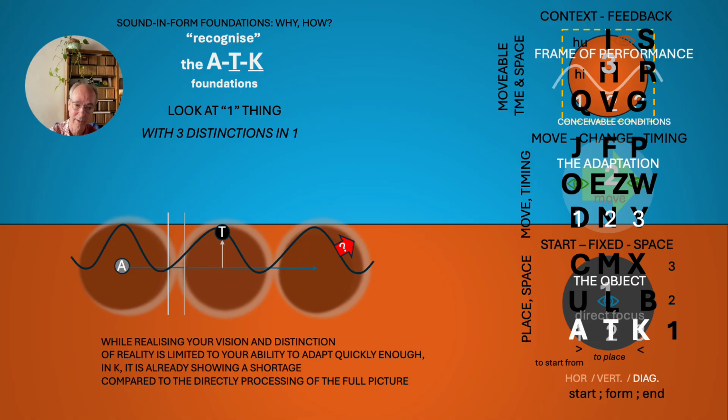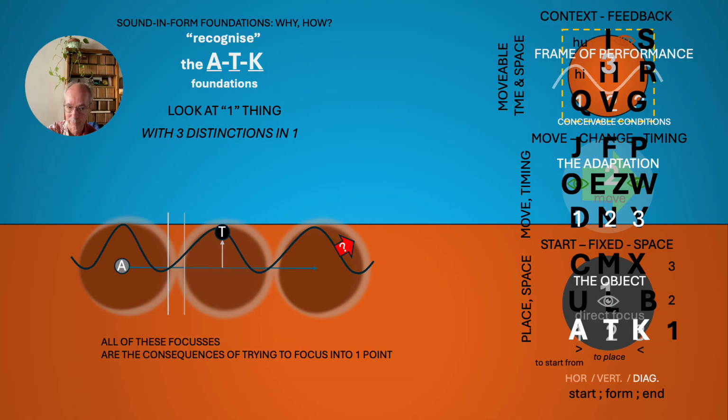And this is the third stage. The first stage A, the second stage T. The K is then the third stage, where this unknown factor becomes dominant, and you see, okay, I still don't have everything. I still have to deal with it.